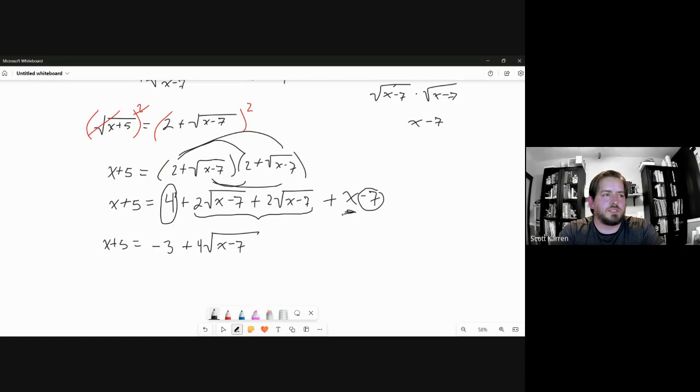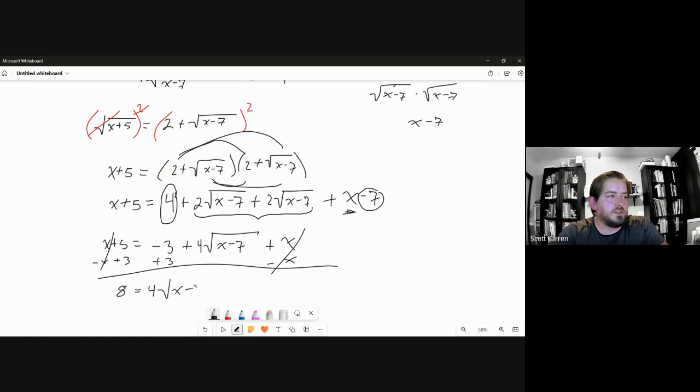And then I've got this plus x. But now I just have one square root, right? That x minus 7. I want to isolate that. So I'm going to add 3 to both sides to get everything that's not part of that root out of there. Minus x from both sides. And that's nice. That x cancels out. I've got 8 equals 4 times the square root of x minus 7.